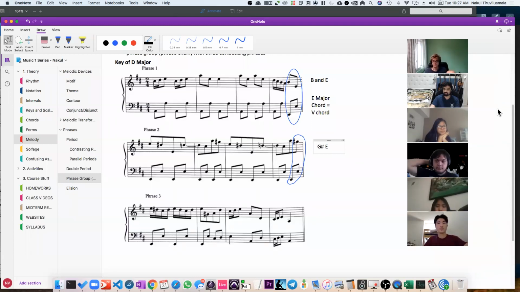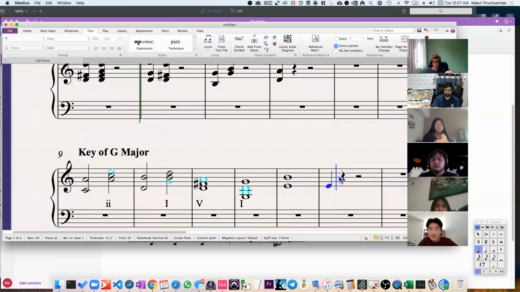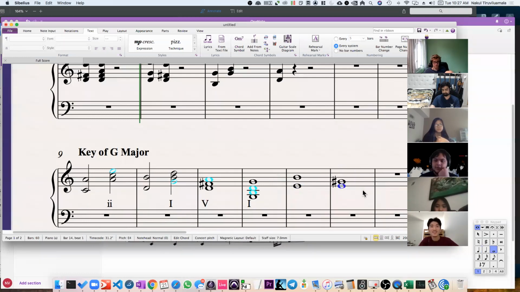I'm going to ask Genome, what chord are we dealing with right here? So you have this, right?